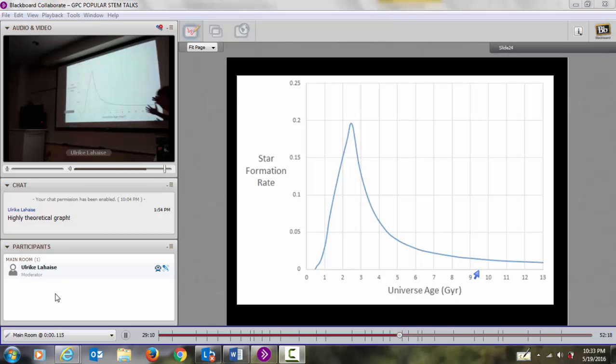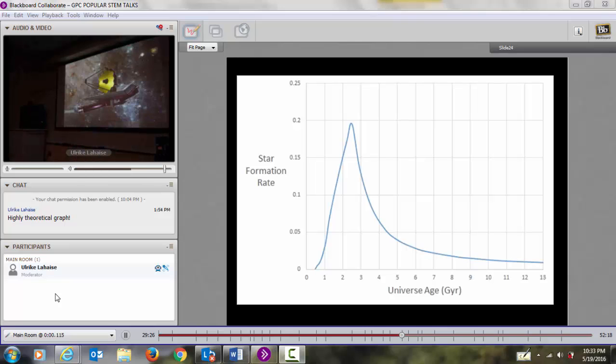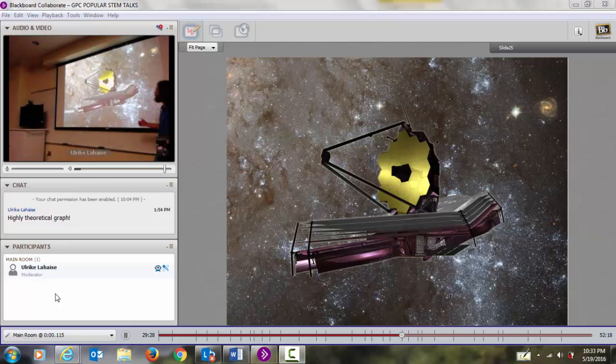So how do we study these things? Well, if all we're left with is to look at these enormous look-back times, then it would help to have fancier telescopes that can see in more detail these extremely distant objects. And one that's being developed now, being tested now, is the James Webb telescope, the successor of the Hubble Space Telescope. So this will fly in space, as you see in this artist's conception.